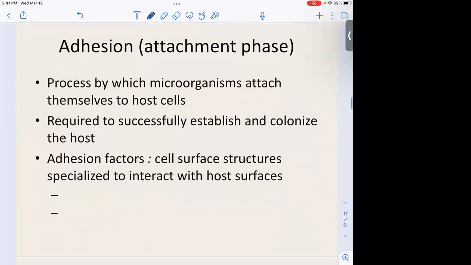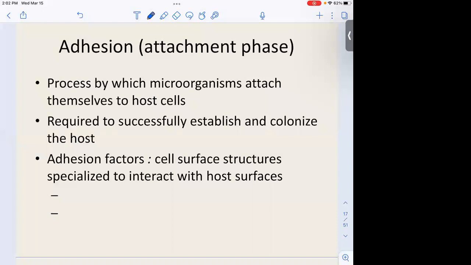Once a pathogen enters our body through its correct portal of entry, then there has to be some kind of attachment phase. And we have lots of flushing of bodily fluids that tries to keep those pathogens from becoming attached, but they have ways to stick.